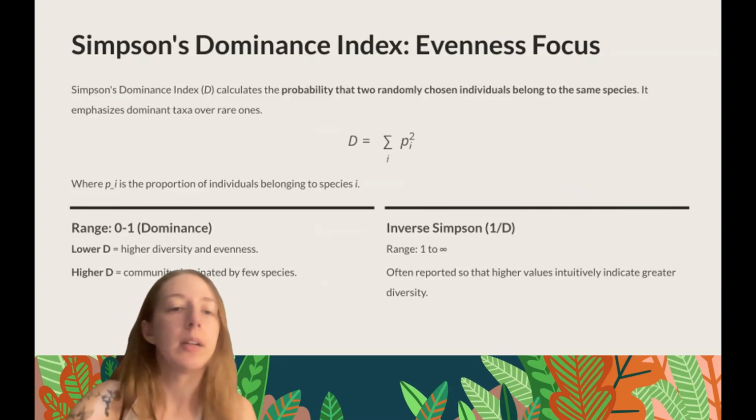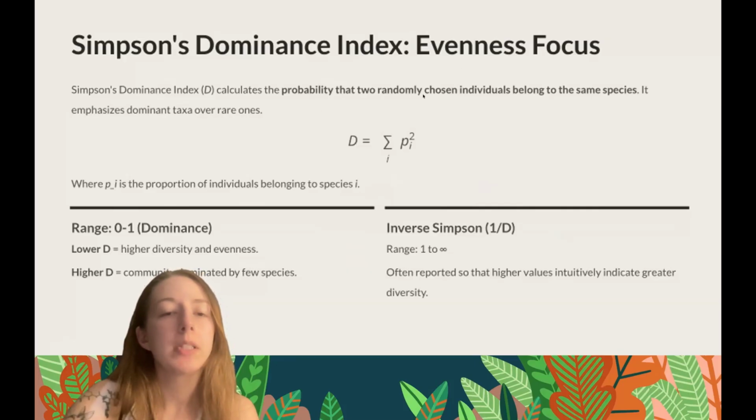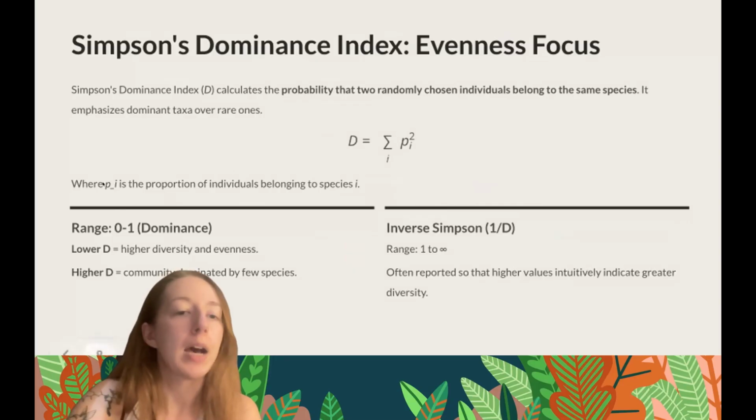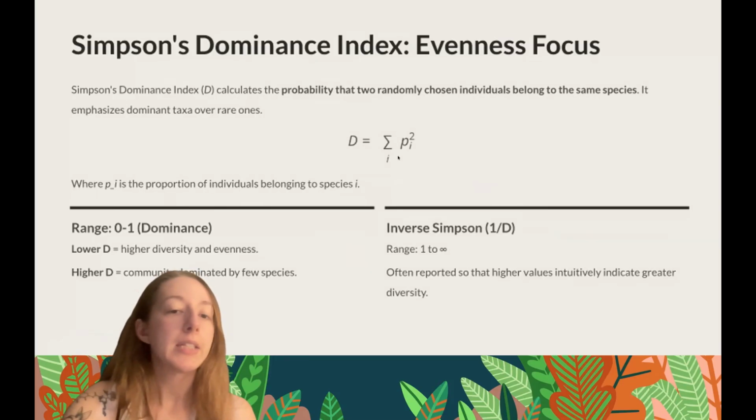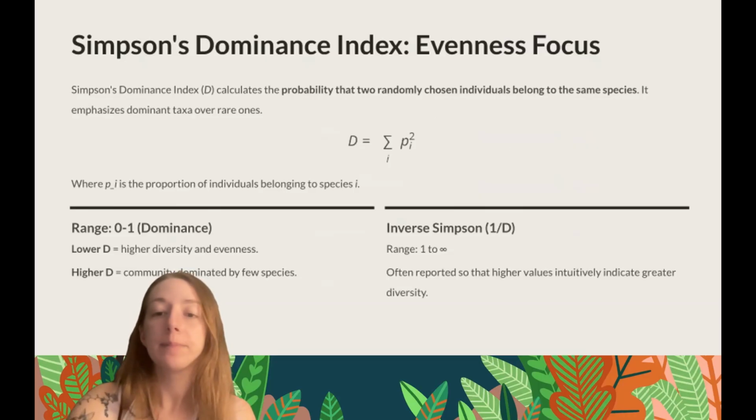That's what this is focusing on. It's using this equation. And what's also important to note here is that the p_i, the proportion of individuals belonging to species i, is squared, meaning if there is any dominance, it's going to amplify that strongly by squaring.